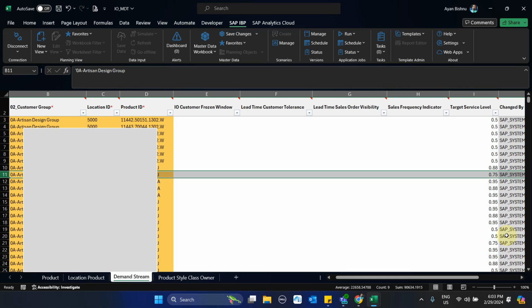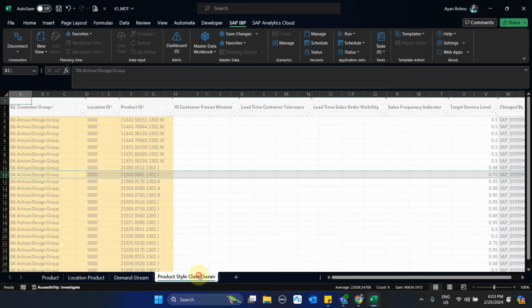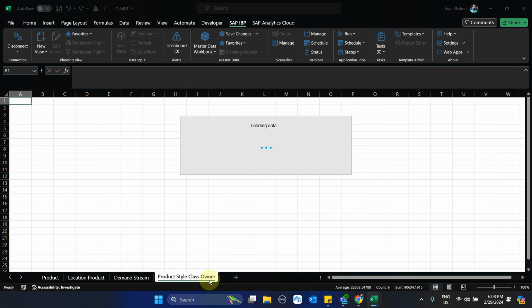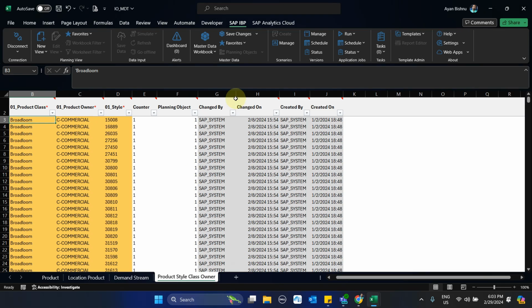Apart from that, there are two more master datas which are required once we go to the next level of the supply chain, and that is called location source and production source header.